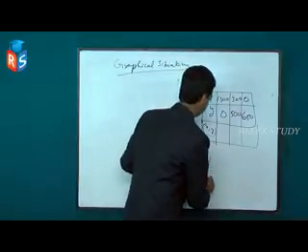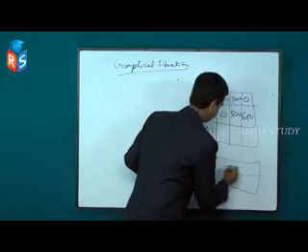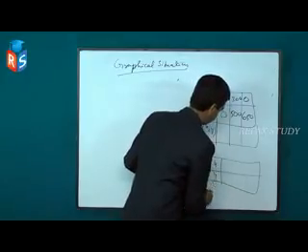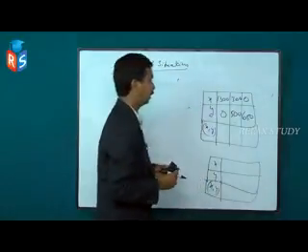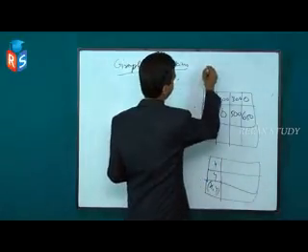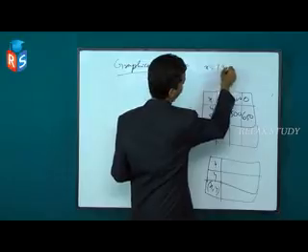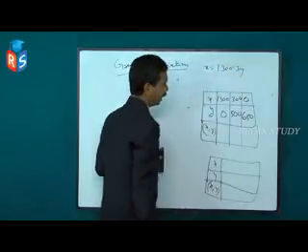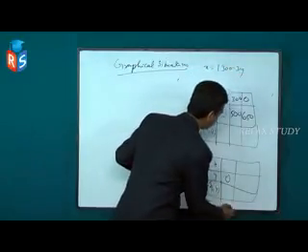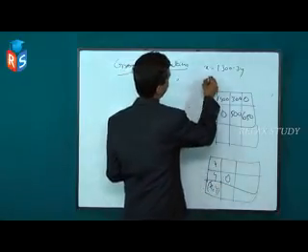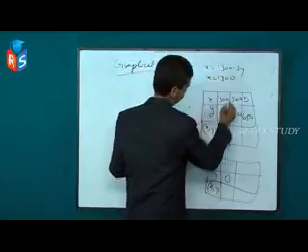From the second equation I get x equals 1300 minus 3y. When I put y equals 0, then x equals 1300.